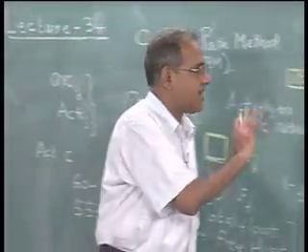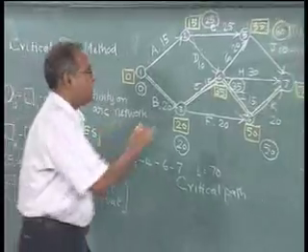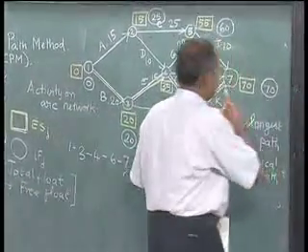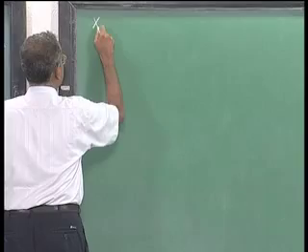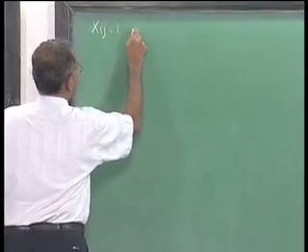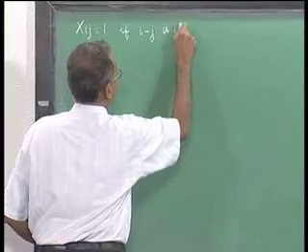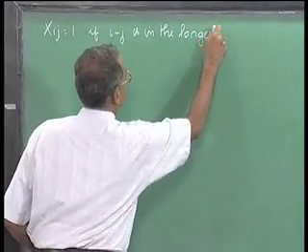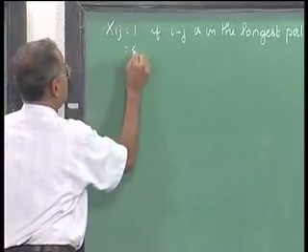So, let us first write down the primal and then the dual and try to understand how this labeling is optimal. So, as always we are interested in finding the longest path in this network. So, xij equal to 1 if ij is in the longest path, equal to 0 otherwise.